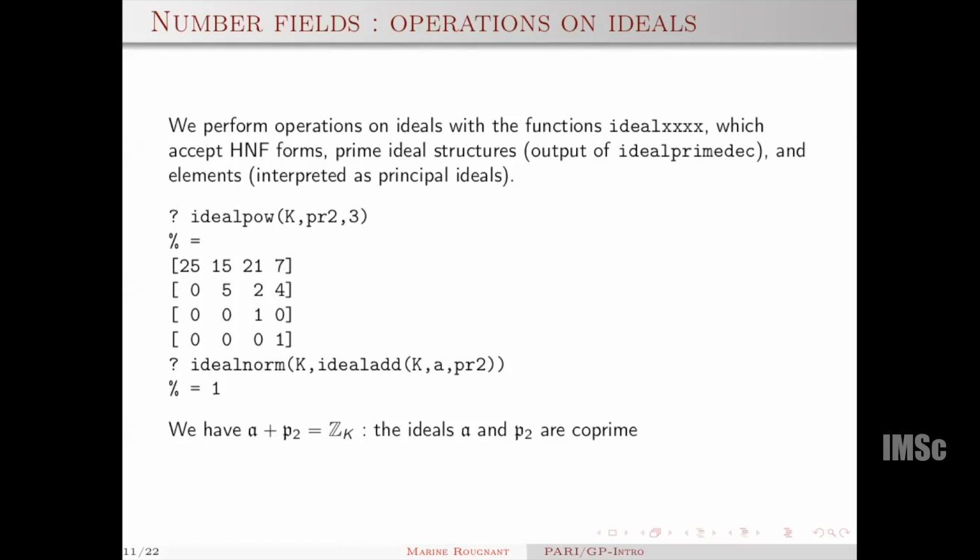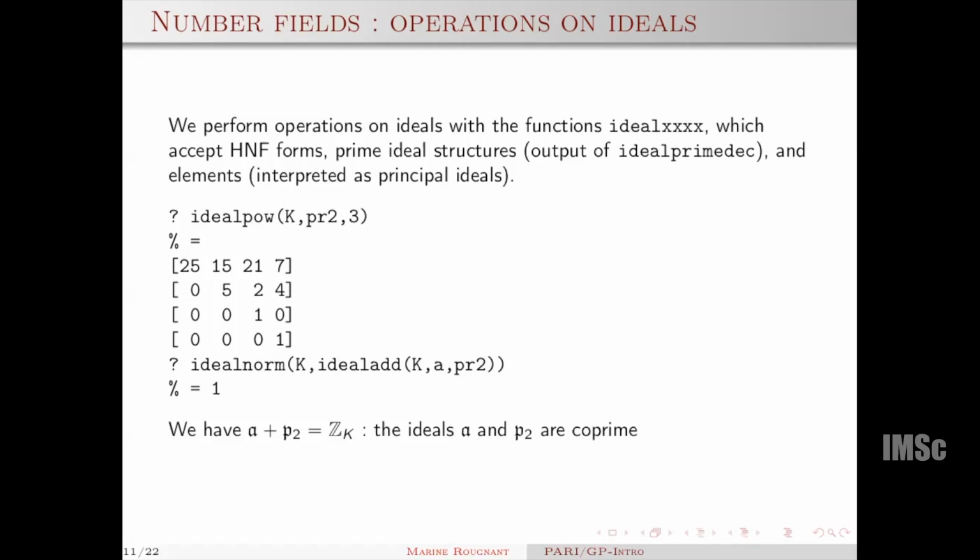And the power of 3, it will give you a matrix, in Hermite normal form. And we already know that this is of norm 1. You can check it. Okay. So you can compute the power of an ideal.